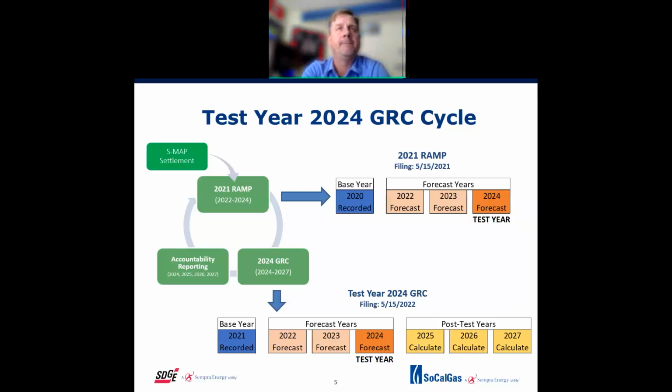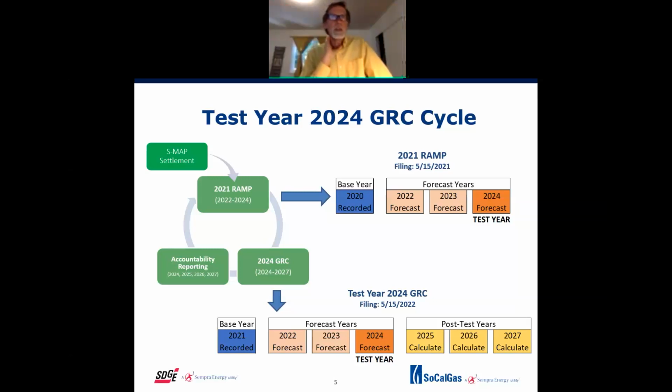Okay. So this is an issue we've raised in the past, and it's called to mind by this slide. The risk reduction by a mitigation, we're trying to use this to inform your next GRC, which, as the slide shows, has a test year of 2024.